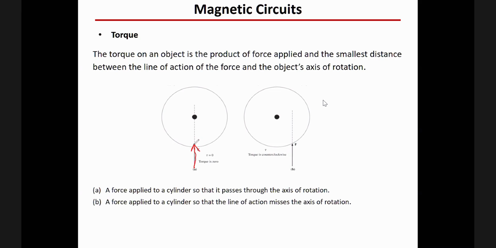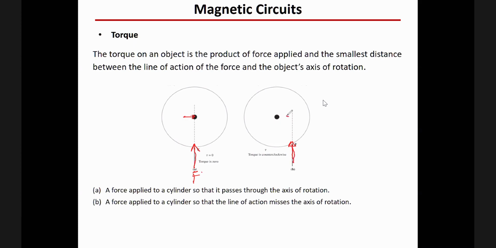Why? Because the distance between this dashed line and this point, which is the center of rotation, is 0. So despite the amount of force that you apply here, there will not be any rotation in this cylindrical shape, because F multiplied by the distance, which is 0, will be 0. So no rotation.